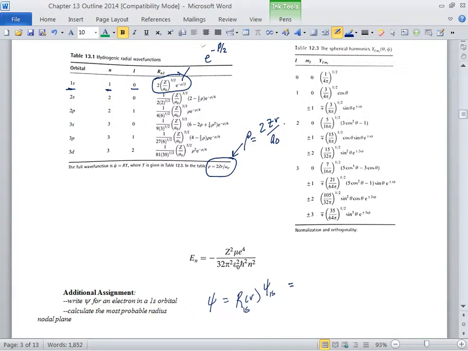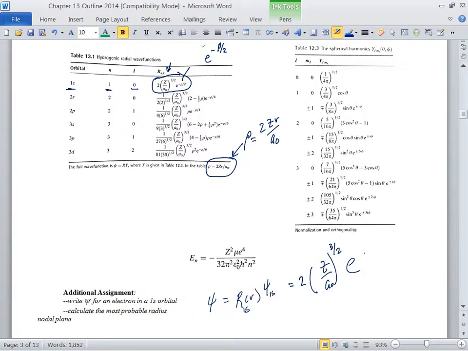Okay. So let's put that in for our radial wave function. We've got 2Z over a naught to the 3/2. I'm just copying this right here. And then I have e to the negative rho over 2.